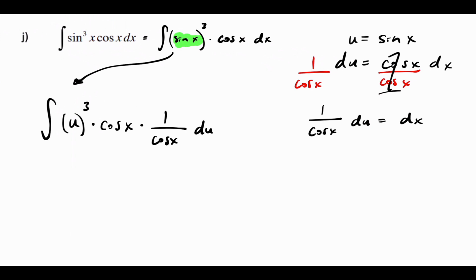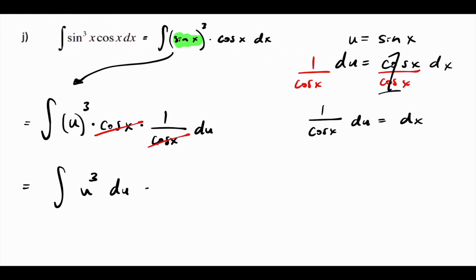And luckily, the cosines cancel out, right? So all that's left, no more x's, is just u to the third power du. So I chose right. If I didn't choose right, then I would have chosen cosine as my u. That's the only difference.